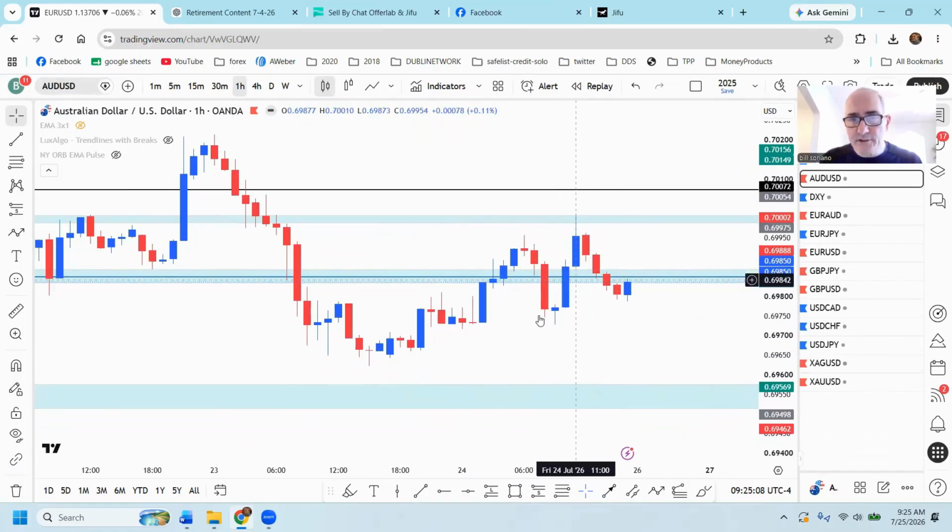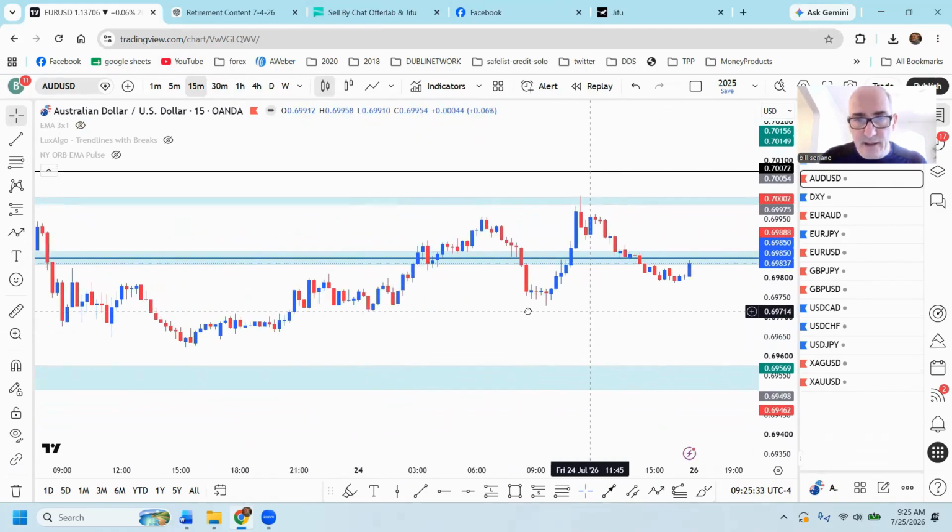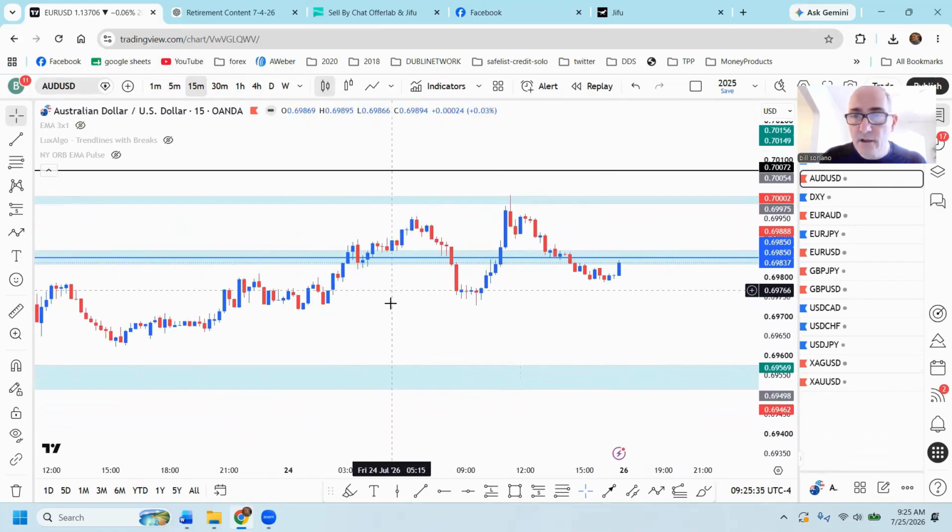So what we do is once price hits these areas, we set alerts, so that we don't have to look at all the pairs every 5 or 15 minutes, whatever we're trading on. Once the alerts go off, then we drop down to the 15-minute time frame. And on the 15-minute time frame, this is our area right here.